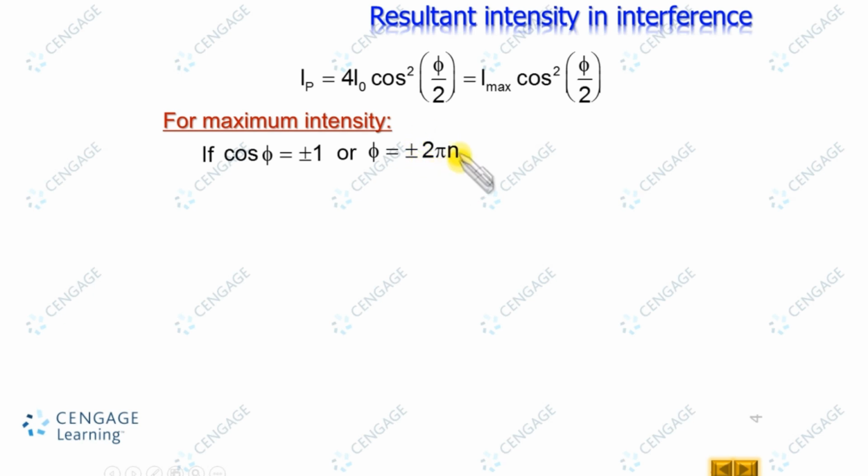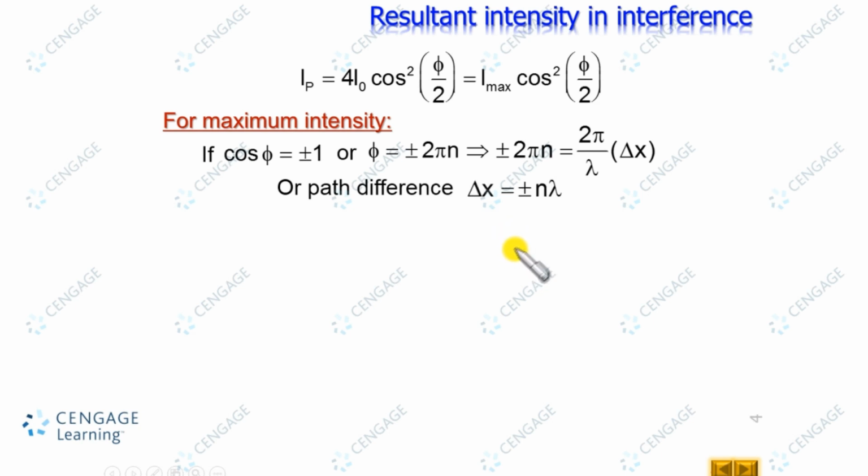So this value should be equal to 2 pi by lambda multiplied by delta x. So from this relation the 2 pi will get cancelled. That means we can have delta x equal to plus minus n lambda, right? Now we can write I max equal to, this value will be equal to 1. That means I max equal to 4 I naught, right? We have already proven this result.